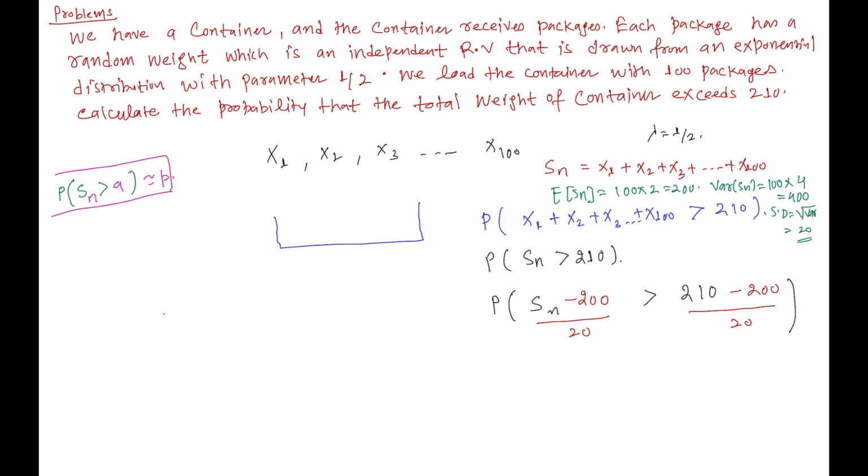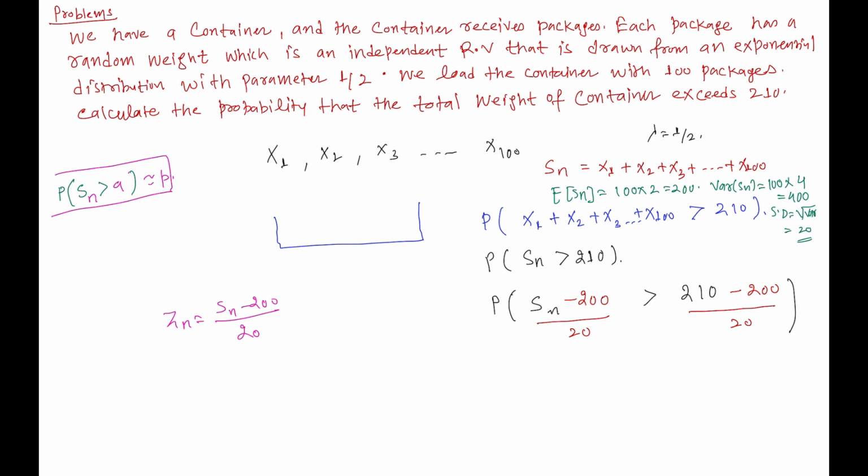Let's denote this standardized version as Zn. Zn is the standardized version of Sn, divided by 20. And we have seen what the central limit theorem says, that for large n, here n is 100, the random variable Zn can be approximated as a standard normal random variable, right?